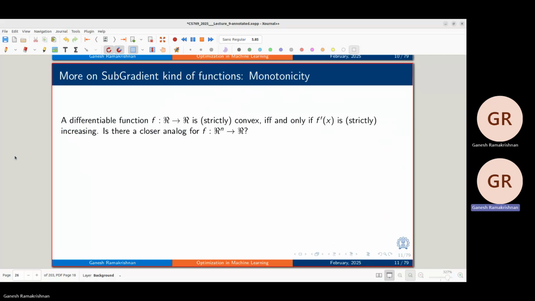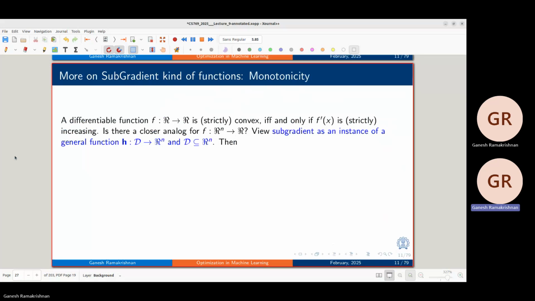So a differentiable function is convex if and only if f dash is increasing, or strictly increasing if it's strictly convex, right? So if it's convex, then f dash should be increasing. Can the same hold for subgradients? Is there an analog for vector valued functions as well, right?